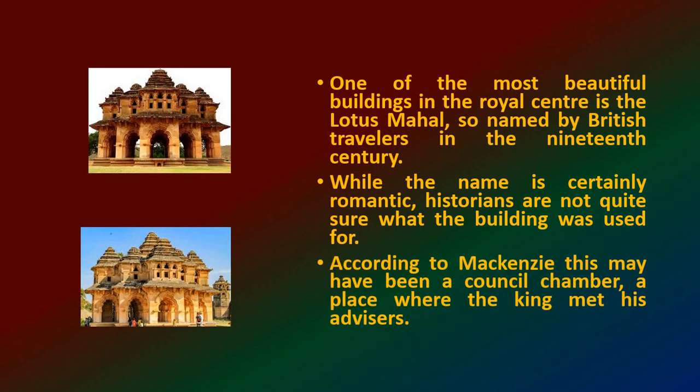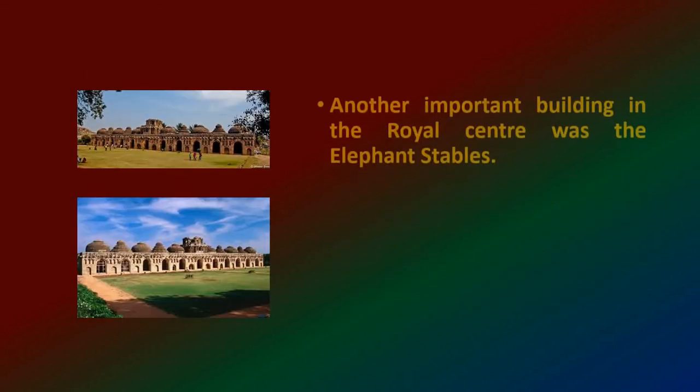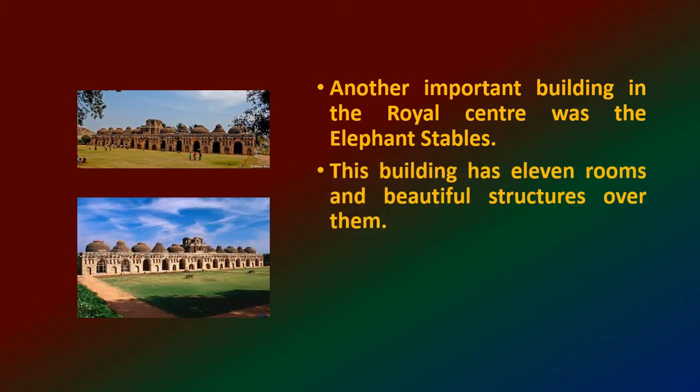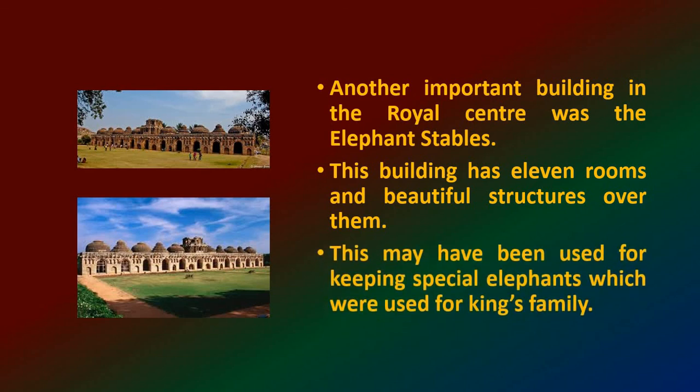According to Mackenzie, this may have been a council chamber, a place where the king met his advisors. Another important building in the royal centre was the elephant stables. This building has 11 rooms and beautiful structures. This may have been used for keeping special elephants which were used for the king's family.